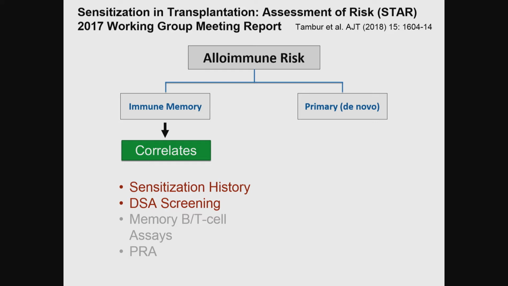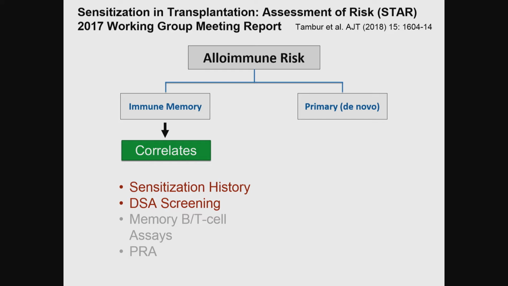And I've grayed out PRA because I think this is something that people have used in the past and some centers still continue to use, although there is good literature from Emory, from Basel, Switzerland, and from our own group that has delineated that if you comprehensively type across all the loci and carefully look for DSA, third-party HLA antibodies don't actually predict outcome.